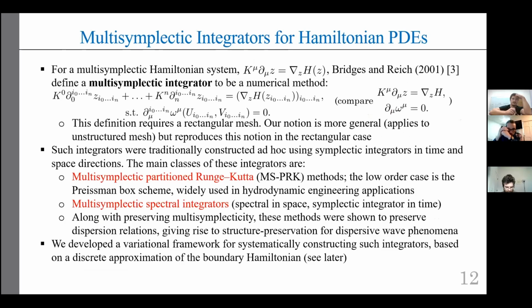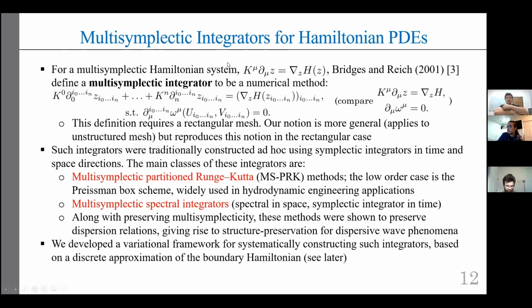All right. So before we talked about what it means for a discrete method to be symplectic, which is that somehow the symplectic conservation law is preserved at the discrete level, and we're going to define it analogously in the multisymplectic case. This was the traditional definition of a multisymplectic integrator.